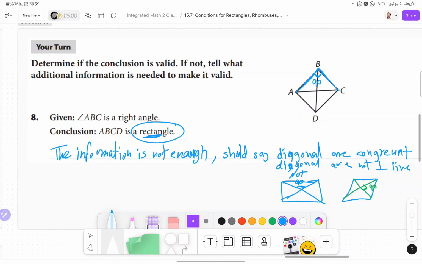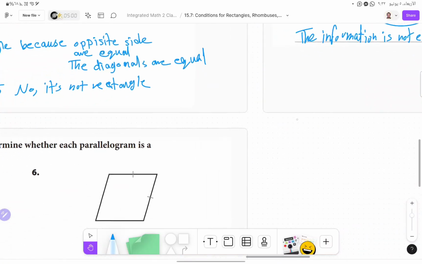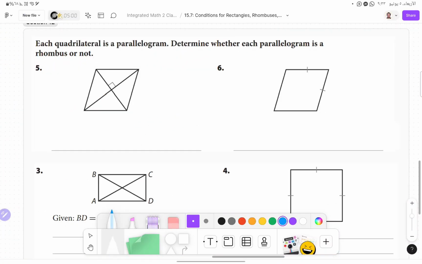So he should mention one of these pieces of information in order for the conclusion to be a rectangle.